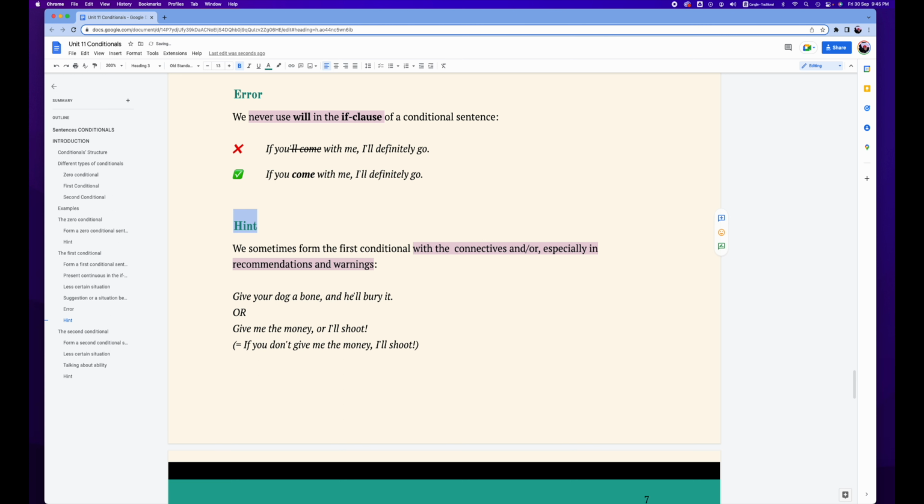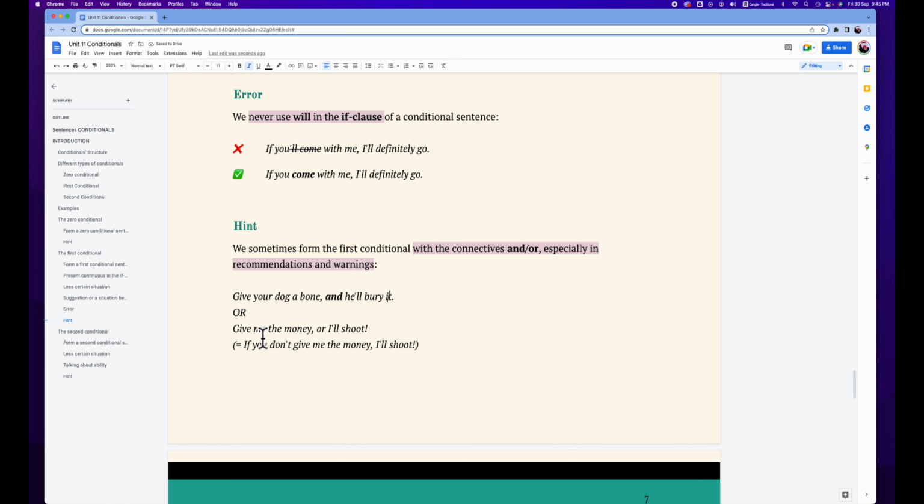And also, there are some hints that you could find useful. Instead of using the connective word if, we can also choose to use and or the word or, especially in recommendations and warnings. Example: give your dog a bone and he will bury it.